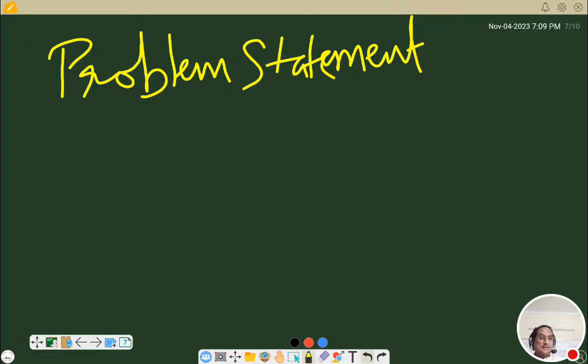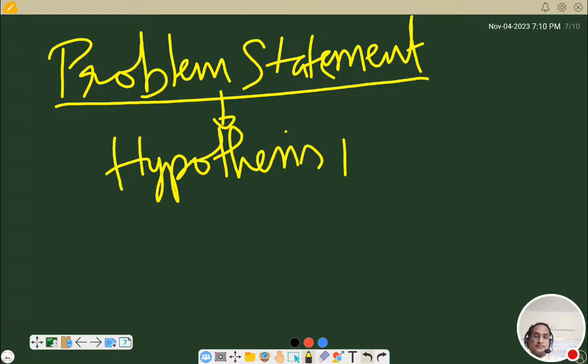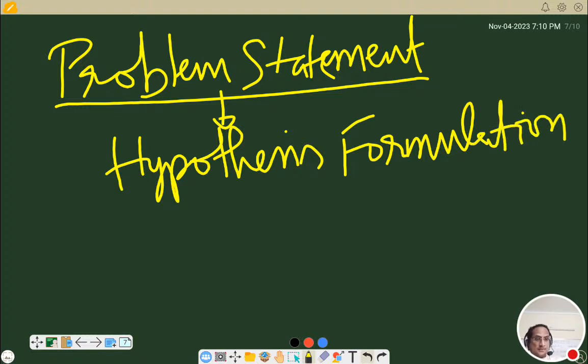Likewise, as we have the problem statement, after that the step is hypothesis formulation. Fine. After that, research design.